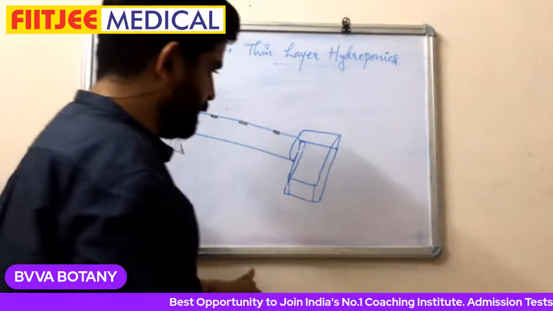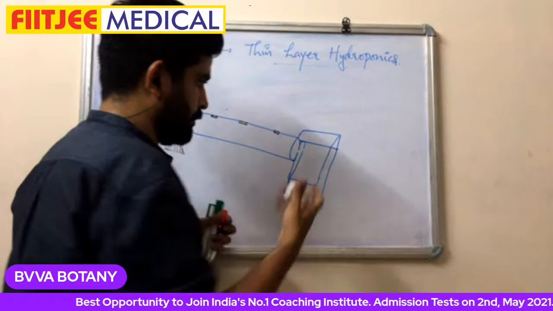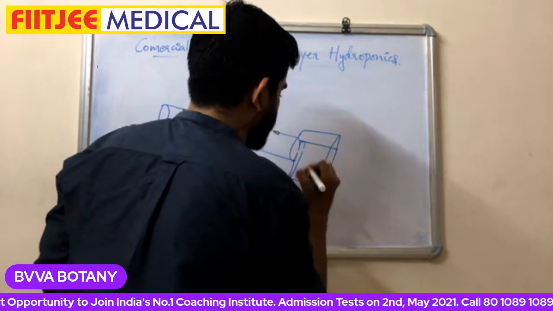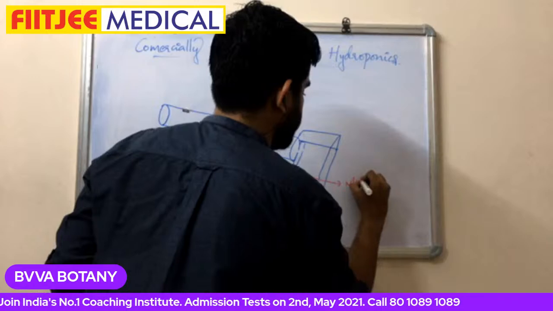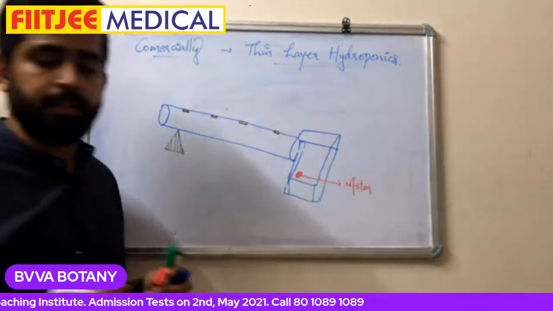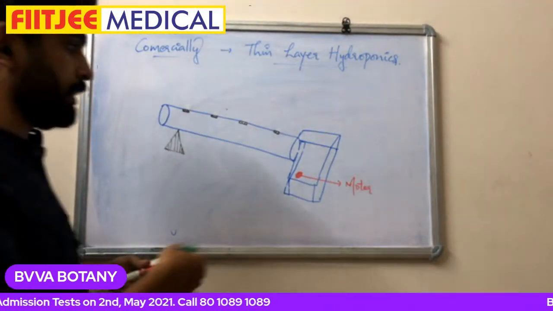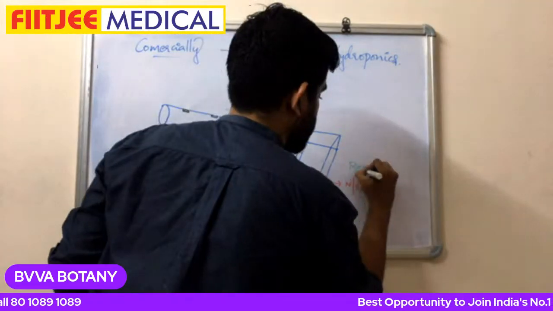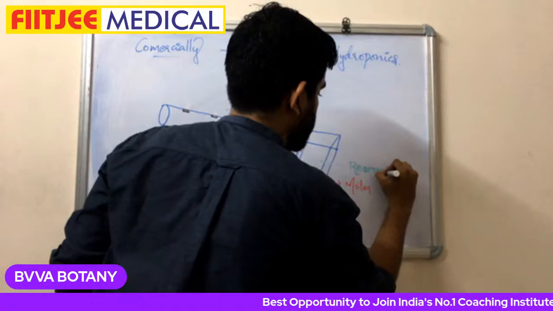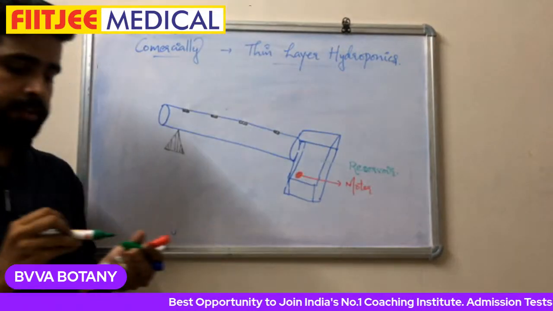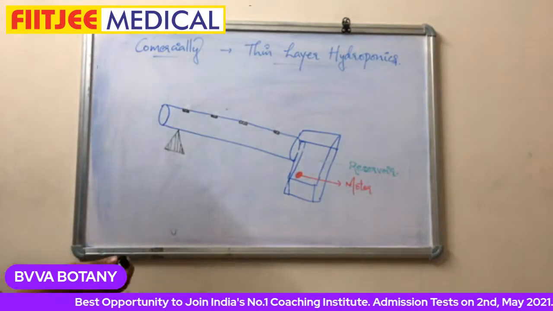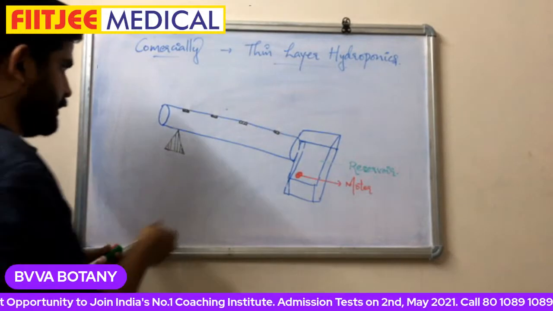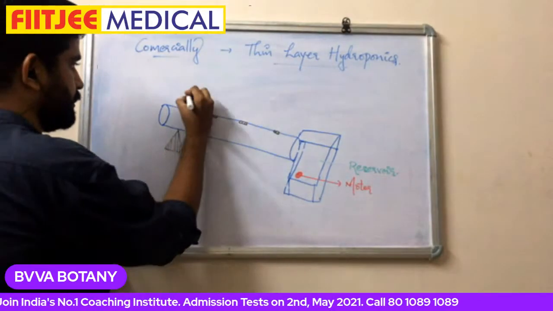Now this tray is holding the nutrient reservoir. The nutrient reservoir will be there inside this. We are also introducing plants.